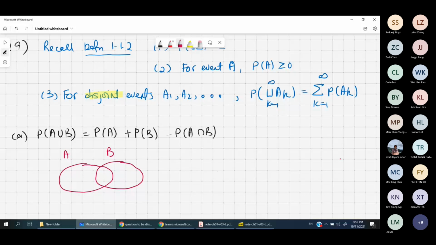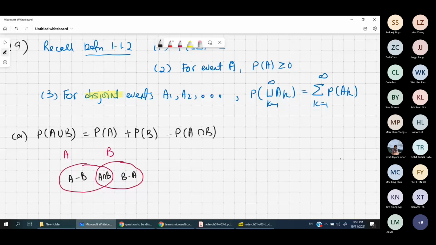Okay, you can look at here. There are 3 disjoint parts, right? This is in A but not in B. This is in B but not in A. The middle one will be in A and B. So A or B will be the disjoint union of these 3 parts.